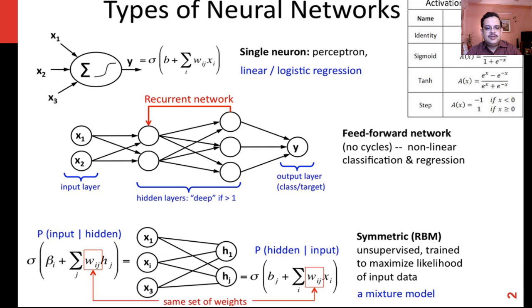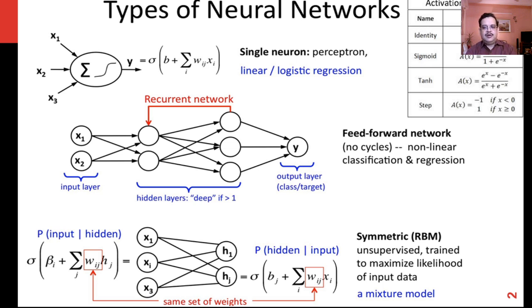So if you have these two layers here, the ones with the Xi's and the ones with the Hi's, then activation for the Hi's depends on the values of the Xi's, and also the activation of the Xi's depends on the values of the Hi's. So they are symmetric in the sense that the activation can have influence in both directions, from the left to the right as well as from the right to the left.